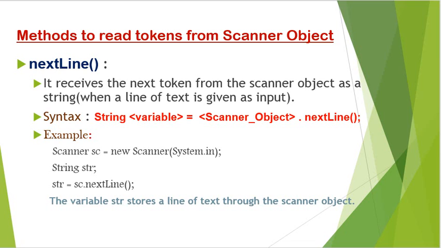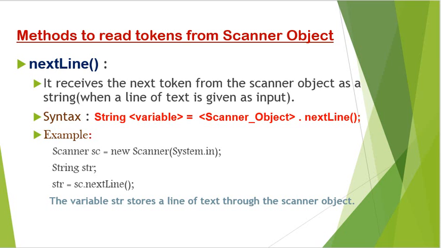Since it is also a string, we need a variable of string data type to store this value. So we have created a string variable, String str, and this str will store a line of text through the scanner object, since we are using the nextLine method.